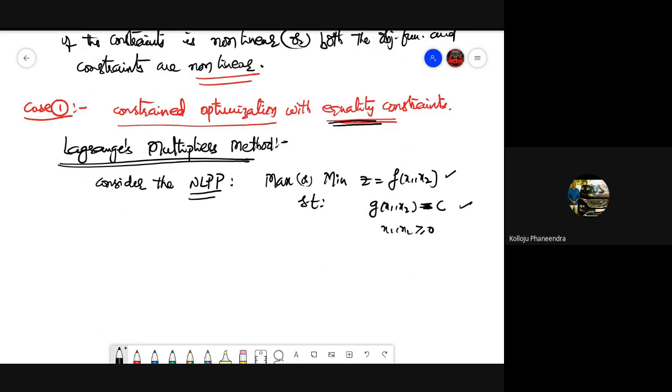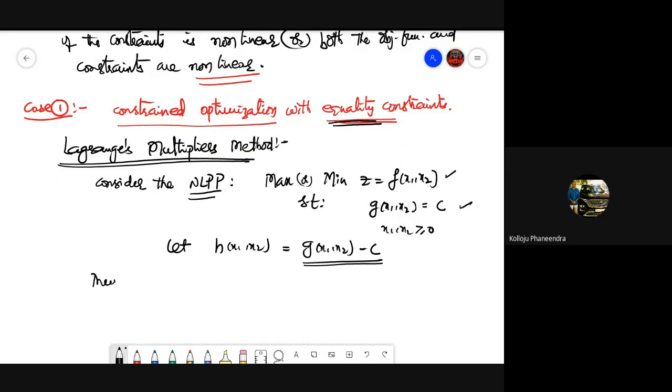Then let h of x1 x2 equal g of x1 x2 minus c. In the constraint part, g of x1 x2 equal to c is there. Now take c to this side and assume this entire g of x1 x2 minus c as h.